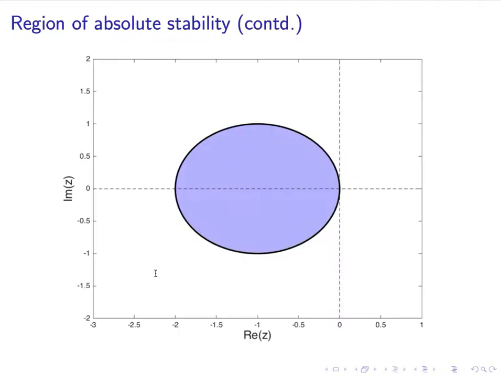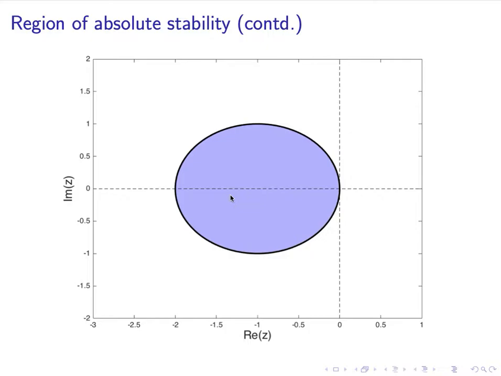On the next slide, here we have a contour plot of the region of absolute stability for the Euler method. What I've done here is shade in all of the values of z for which the modulus of R(z) is less than 1 for the Euler method. So any z within this shaded region will give us a stable solution for our test equation.